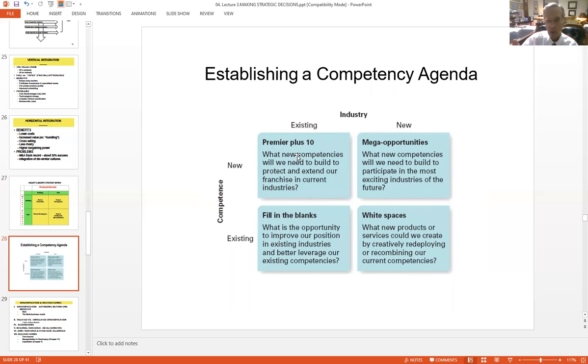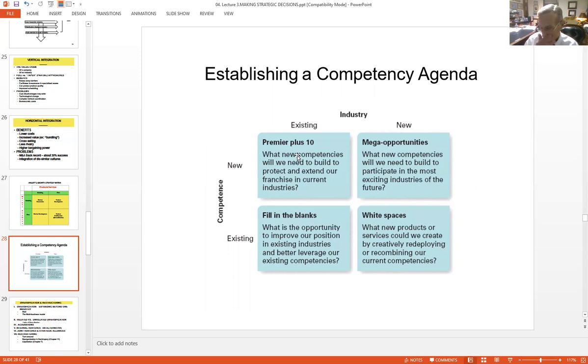Now they called it Premier Plus 10, but for our industry, it might be plus 5 or 3 or 20. And I was reading recently about quantum computers. Quantum computers may not be available for another decade. But when they are, the whole world's going to change. So, Premier Plus 10, Premier Plus 15, Premier Plus 20 could be. So don't be misled by that number 10.